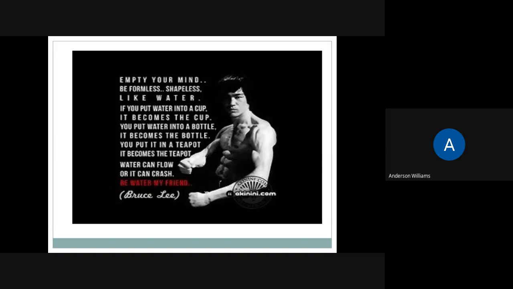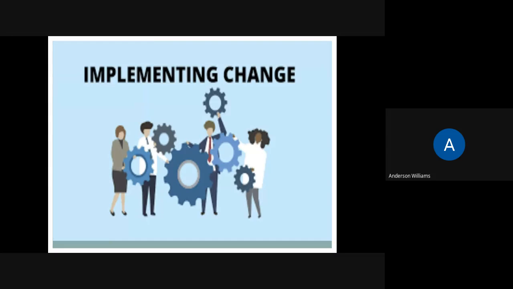To flow like water is to be flexible, nimble, and agile in approaching circumstances and possibilities that arise each and every day of our lives. Implementing change.